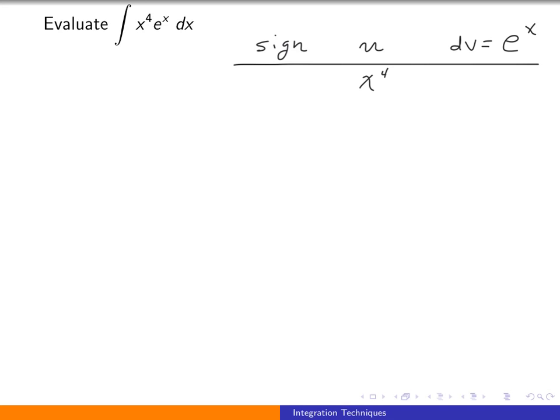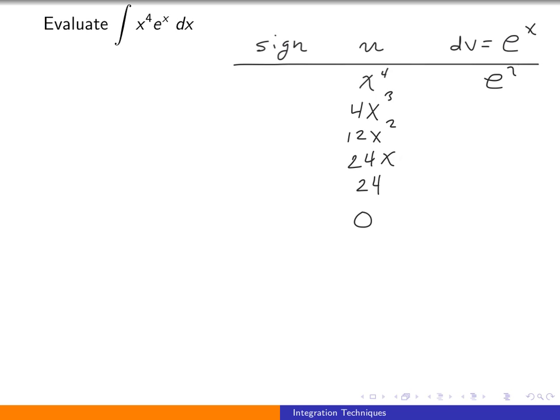And what we do is we differentiate down the u column until we get back 0. So 4x cubed, 12x squared, 24x, 24, and 0. Then in the dv column, we anti-differentiate corresponding to dv.